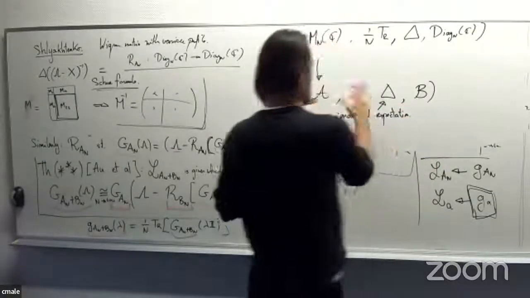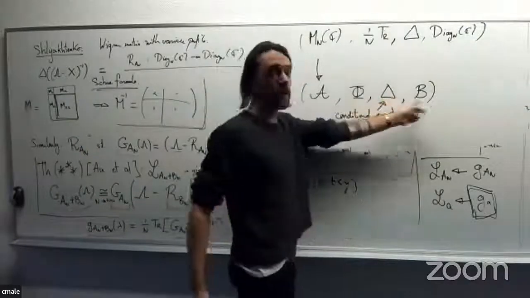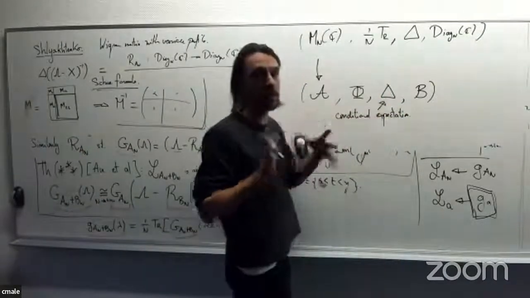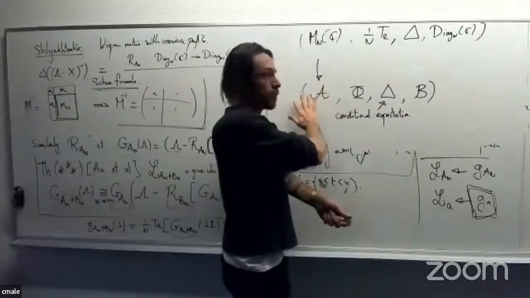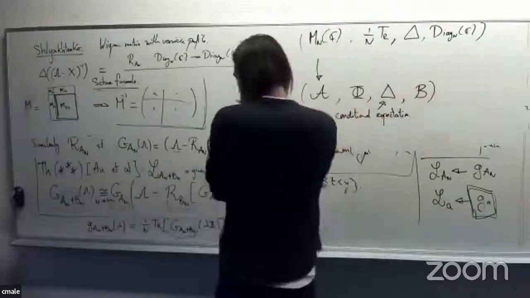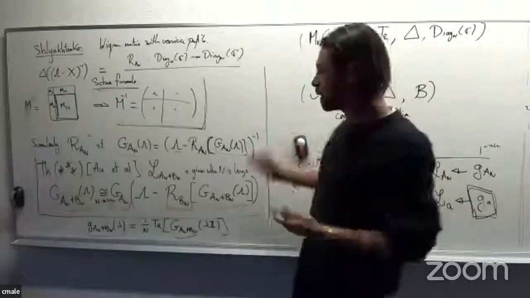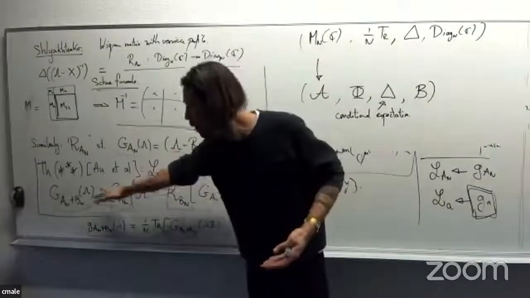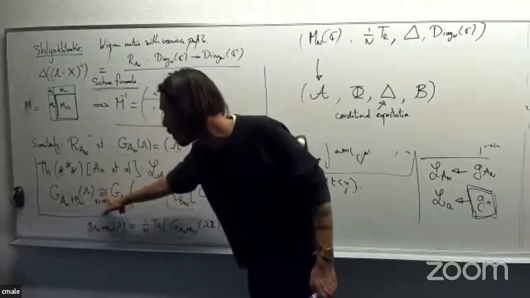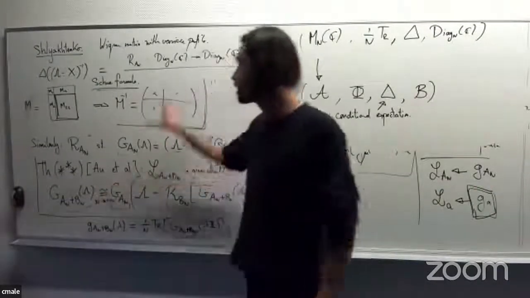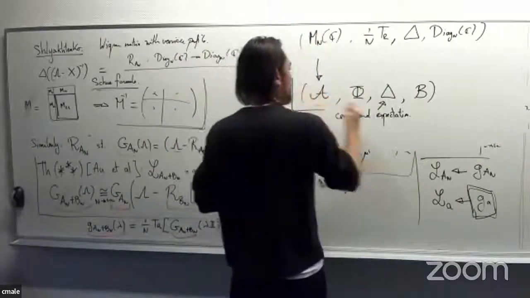And Voiculescu defined what freeness with amalgamation over the algebra B means, which is the analog of conditional independence. What is the good algebraic structure we must consider, and what is the formula for freeness over the algebra B, which gives you an identity in this context, for the analog of the diagonal of the resolvent, well formulated in this setting.